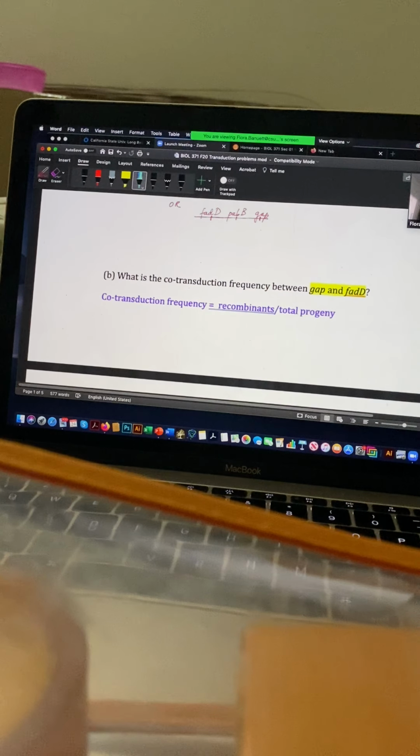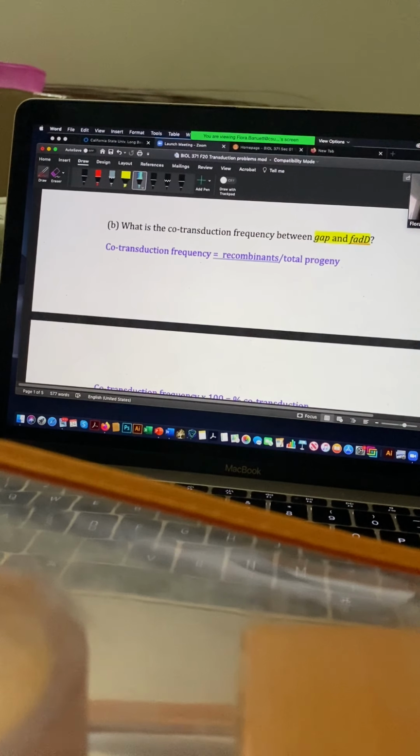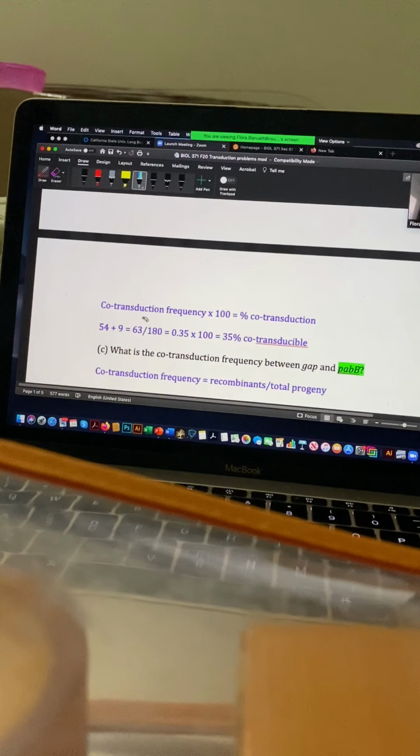The recombinants you're looking at in this case are GAP and FAD, but the symbol makes a difference. So you have 54 plus 9, 63, divided by 180, which gives you 0.35.